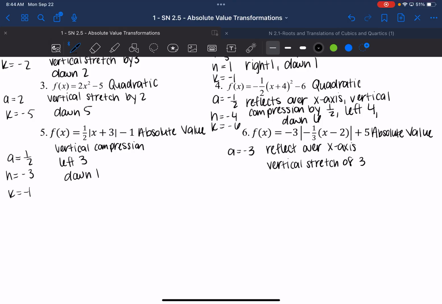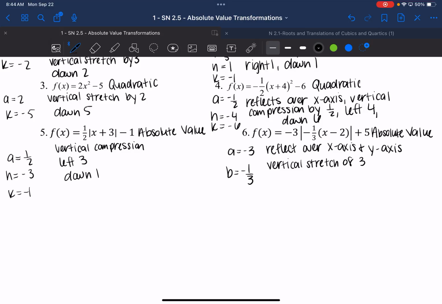All right, what about B value? Does this one have a B value that's going to change anything? Yeah? Negative 1/3. What does the negative do? Reflects over the y-axis. So I'm going to add that up here. I'm going to say it reflects over the x-axis, and it also is going to reflect over the y-axis.